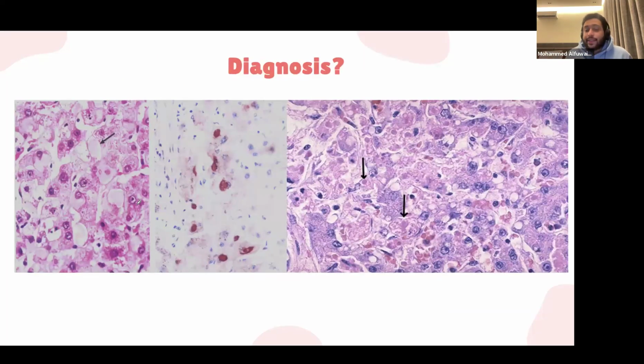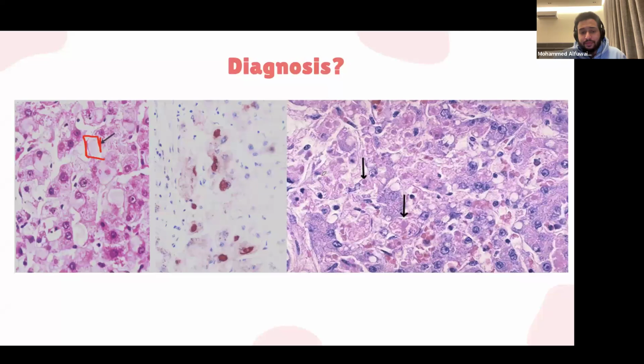Now we'll look into histology. What does this patient have? Hepatitis B infection, good. What is the sign? Ground glass, good.